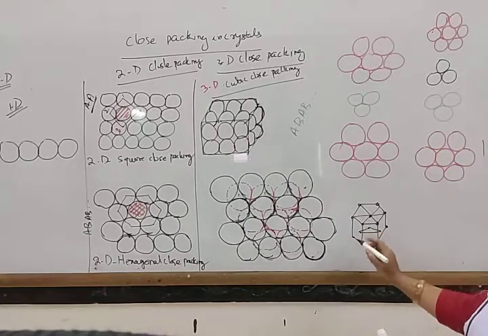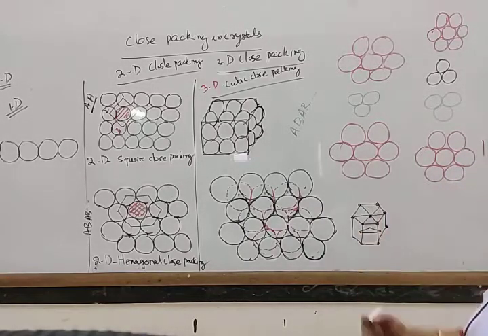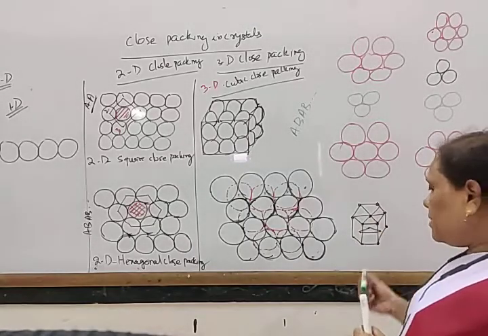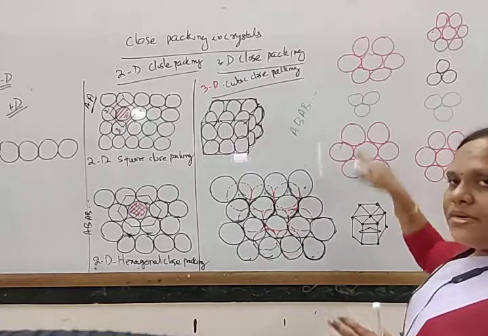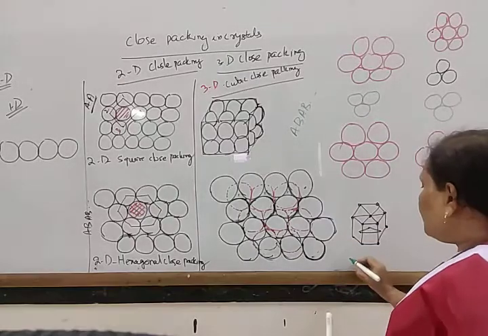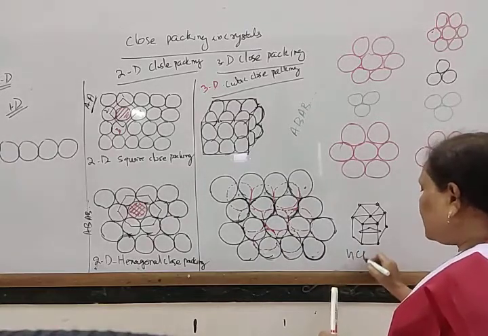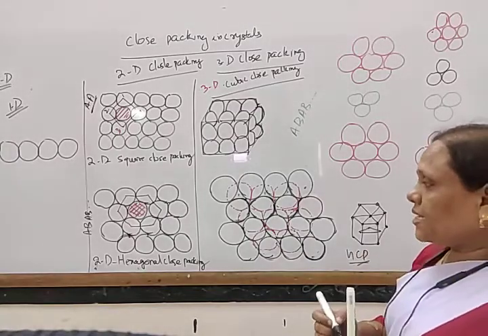And another 2 particles are at the back of the unit cell. This type of arrangement is called hexagonal close packing, HCP.